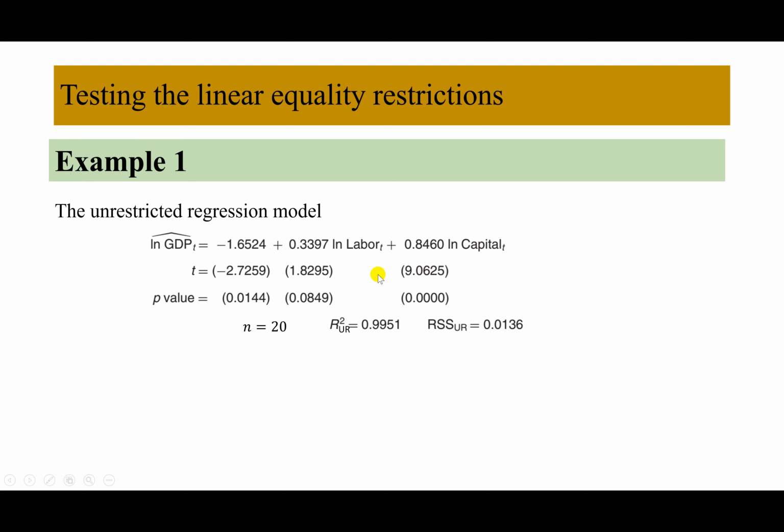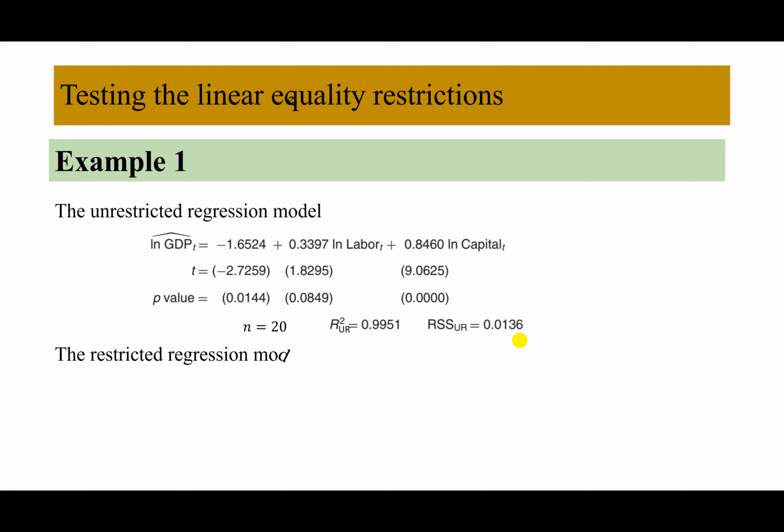R square of this unrestricted model is estimated at 0.9951, and the residual sum of square of this unrestricted model is 0.0136.